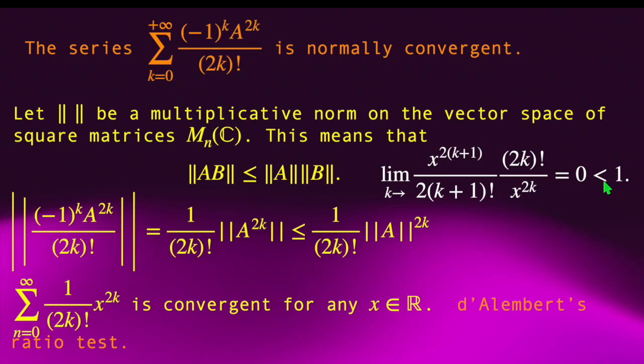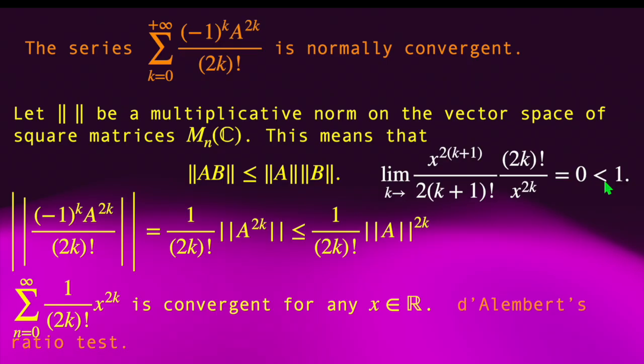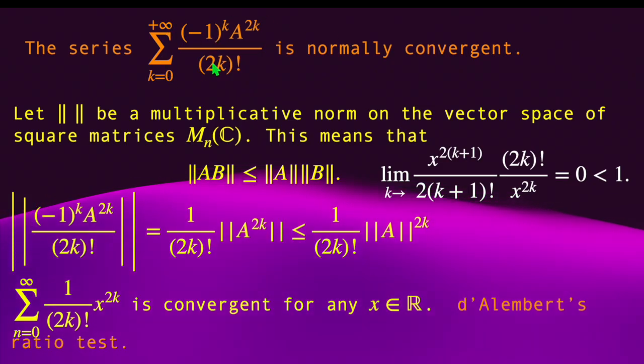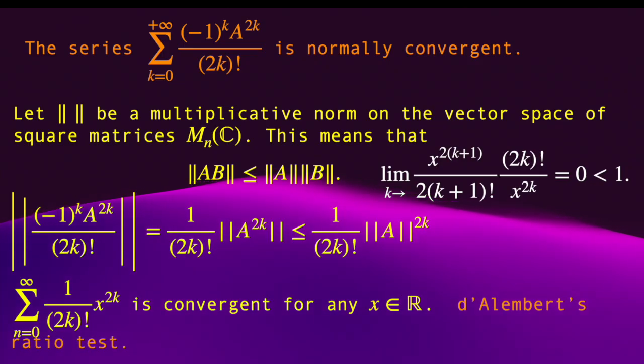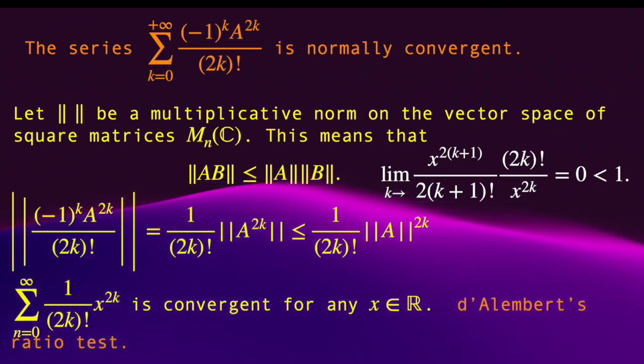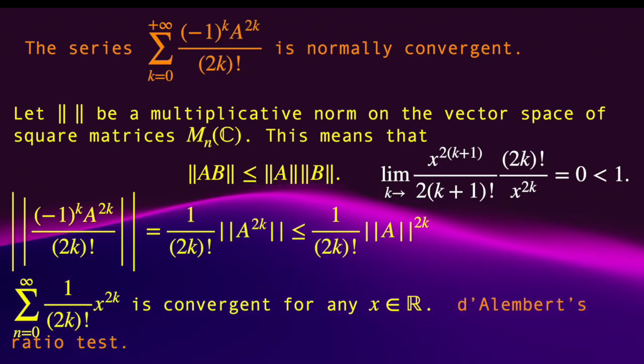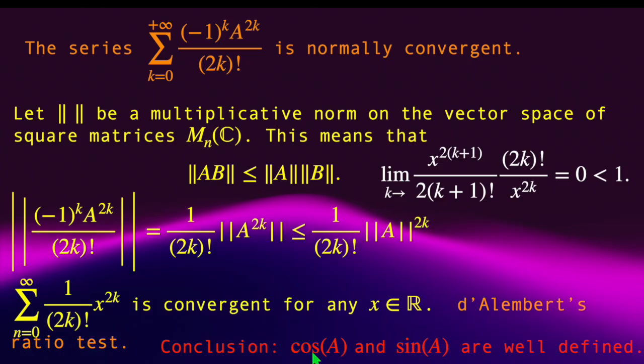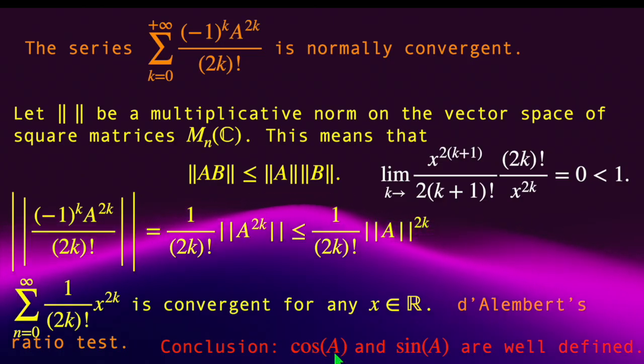This is less than 1, and the D'Alembert ratio test tells us that this infinite series is convergent for any x. So we have the normal convergence of this series, and we know that normal convergence implies convergence. And finally we have shown that cosine A is well defined.